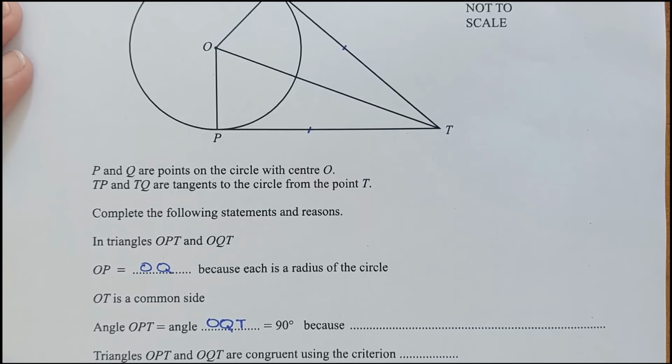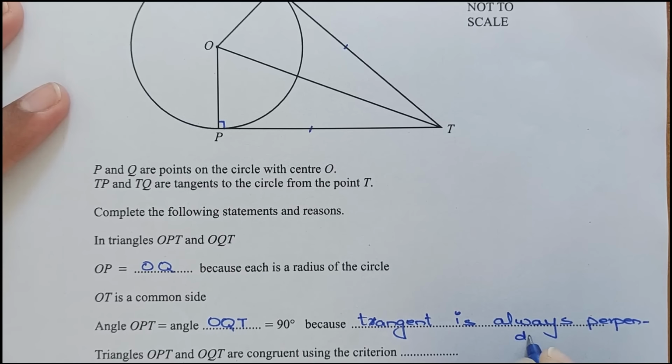These two angles are 90 degrees because we know that a tangent is always perpendicular to the radius of a circle.